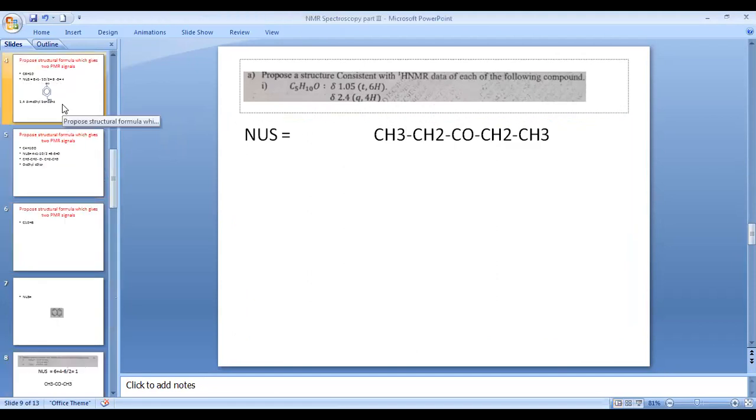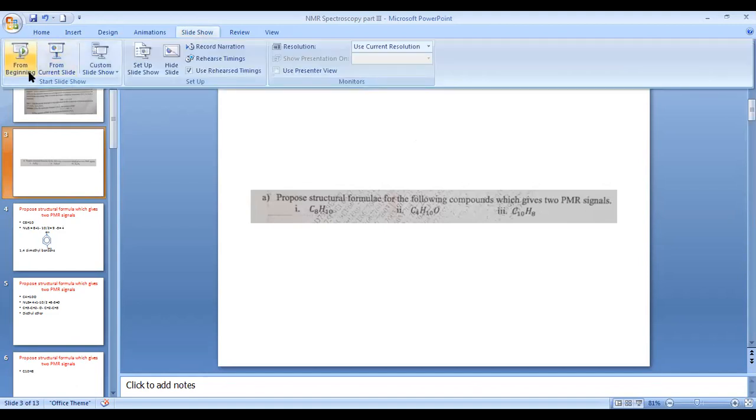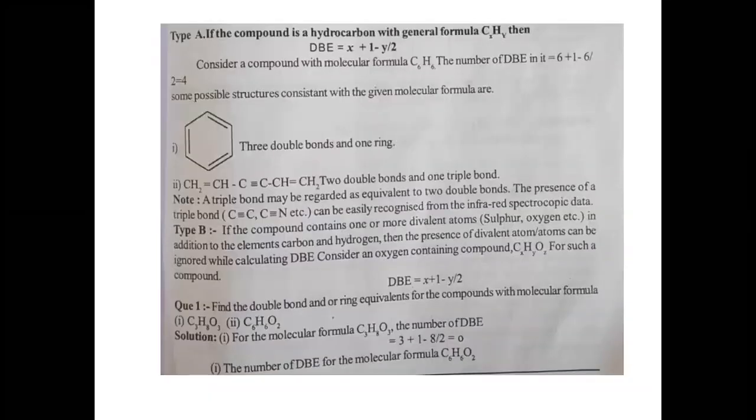Now let us work together on this problem. Propose the structure of the formula having the following, with two PMR signals. Now I have to calculate the number of unsaturations here. C8H10.